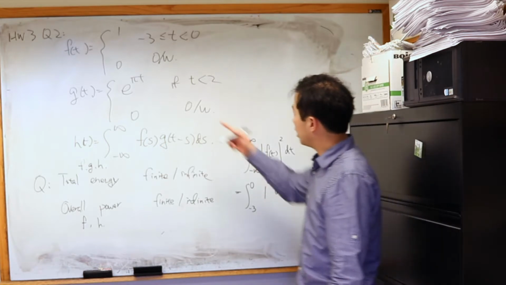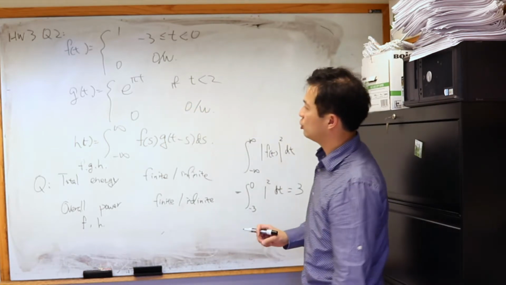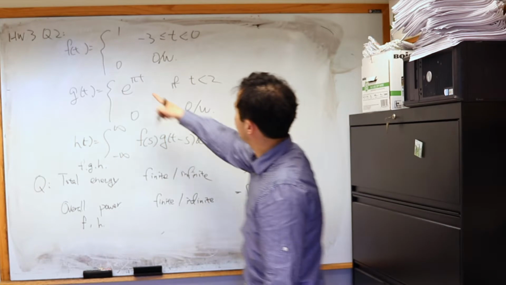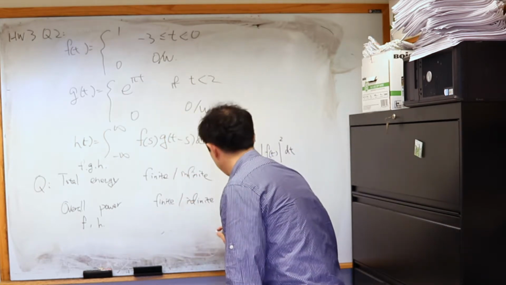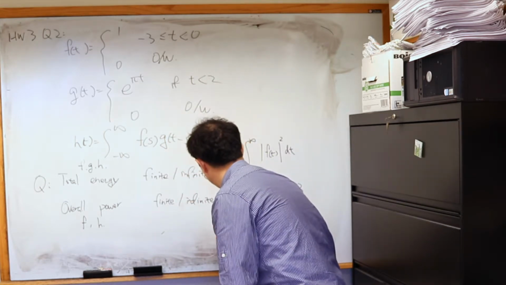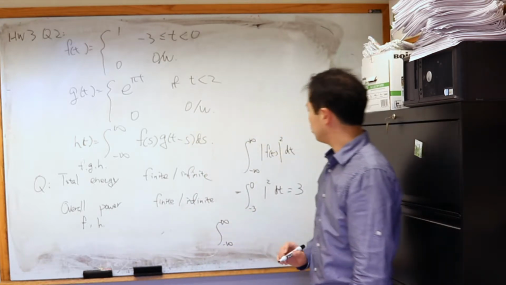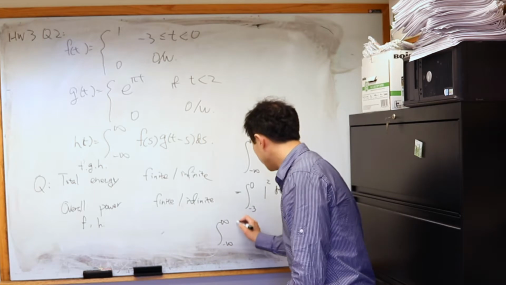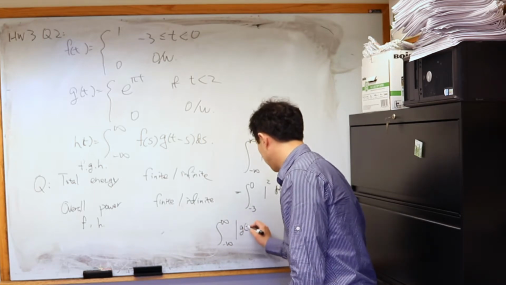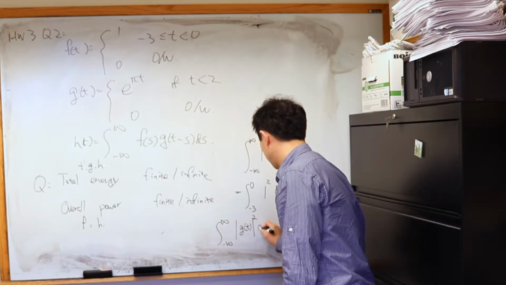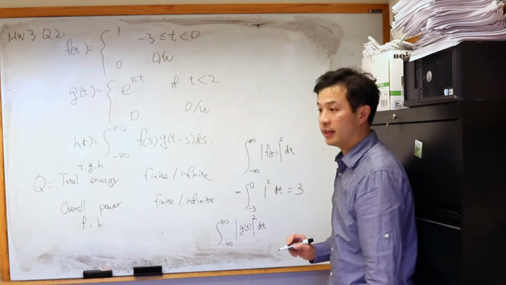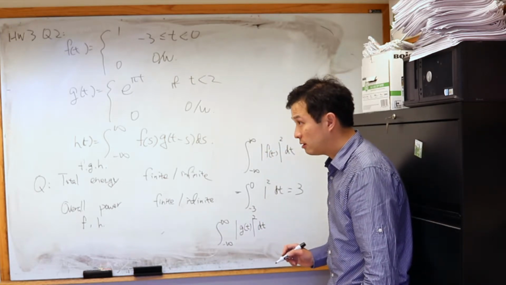Is everybody following the question? Okay. We can also repeat the same thing for g of t. So g of t again is going to be negative infinity to infinity, absolute value of g of t squared dt. Is everybody following this so far?